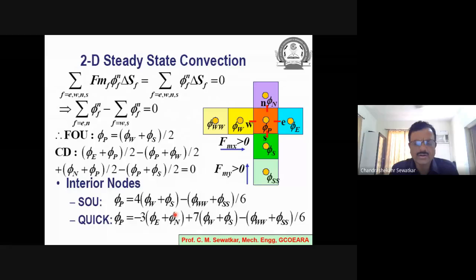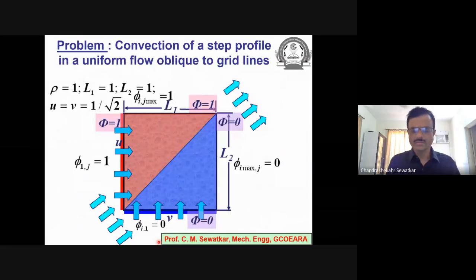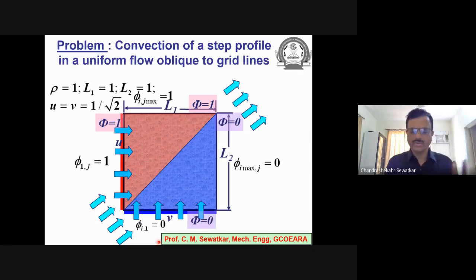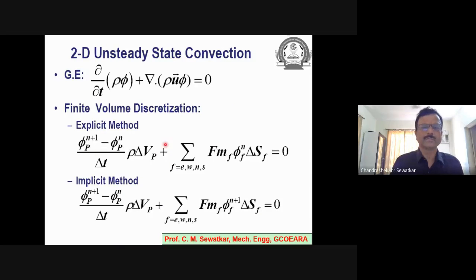And then we can iteratively find out newer and newer values. We can go ahead with some initial guess, and find out the new value of phi_P, either using FOU, SOU, CD, or QUICK convection schemes. This problem is being looked at, so we can find out the steady state. I am going to share the solution with you as I proceed.